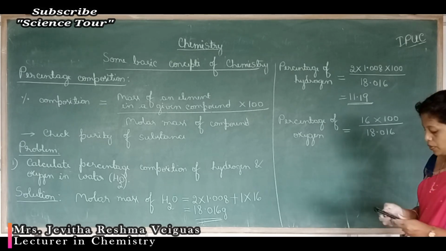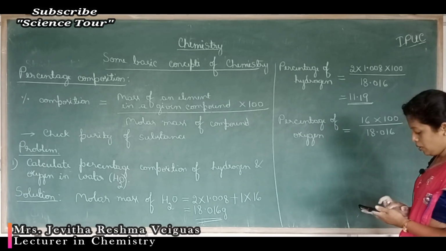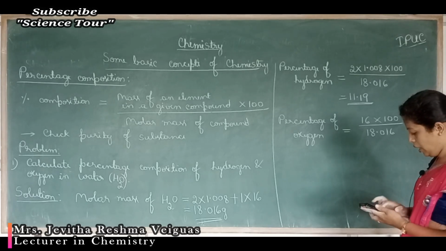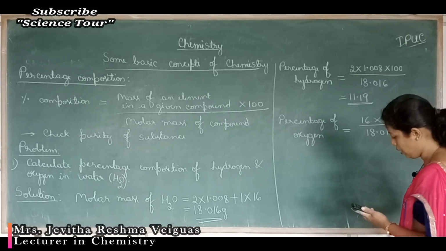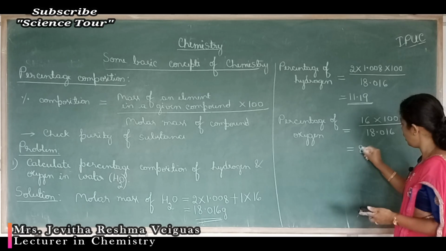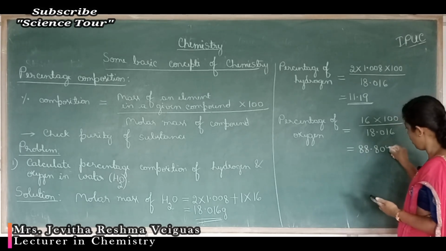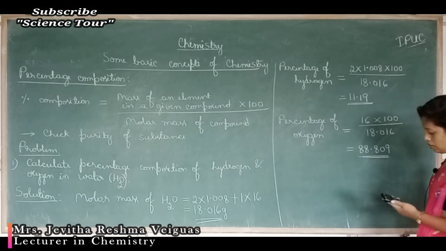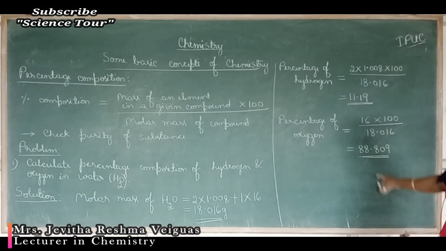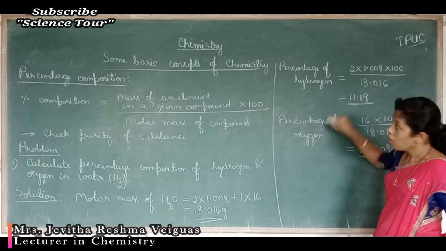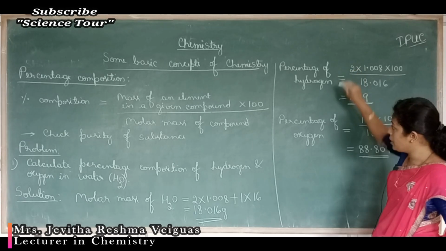So that is 16 into 100 divided by 18.016, which is equal to 88.809. This is the percentage of oxygen.